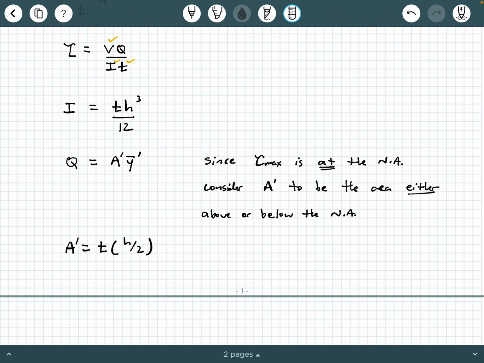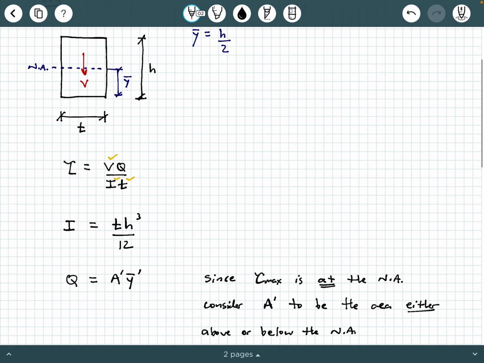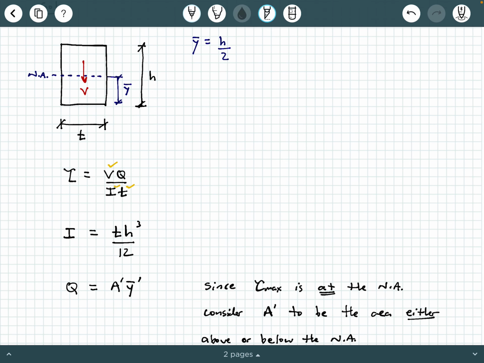What about Y prime bar? Well, we know that Y prime bar is the perpendicular distance from the overall neutral axis to the centroid of A prime. If I shade this in just to remind myself, that's A prime, and what I'm looking for is Y prime bar right here.